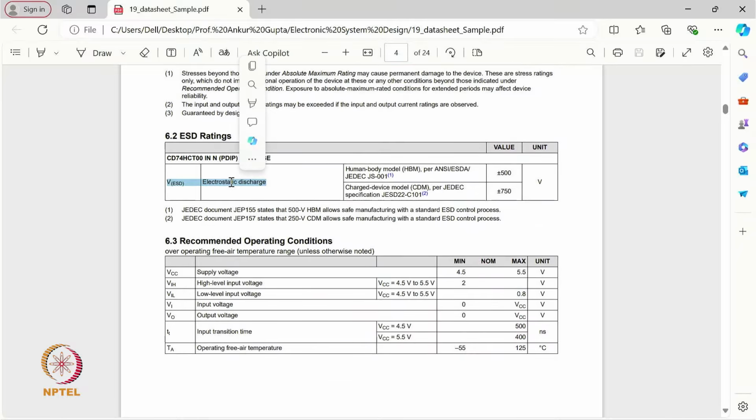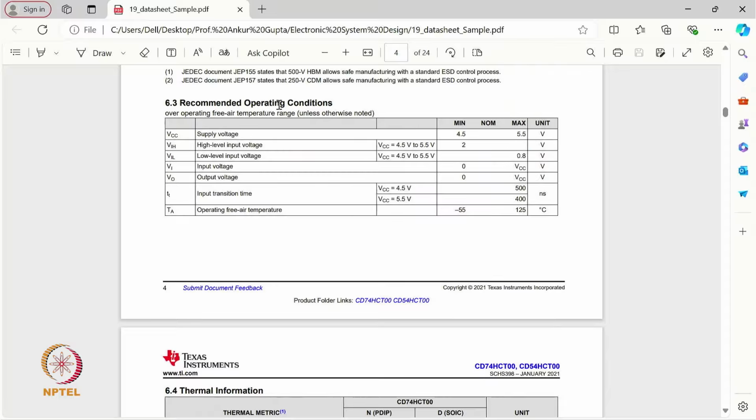For example, when you touch an electronic circuit, there can be electric discharge. Your body can accumulate certain charge and that can be discharged. So, there are two models. One is the human body model, for which there is 500 volt of tolerance, and the charged device model, CDM, for which this device can sustain 750 volt.